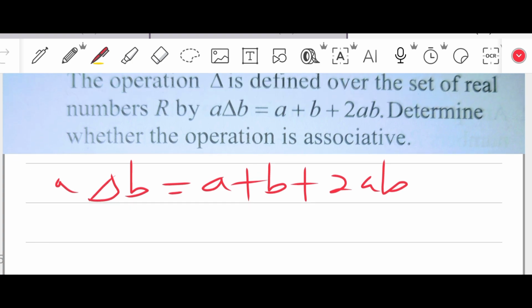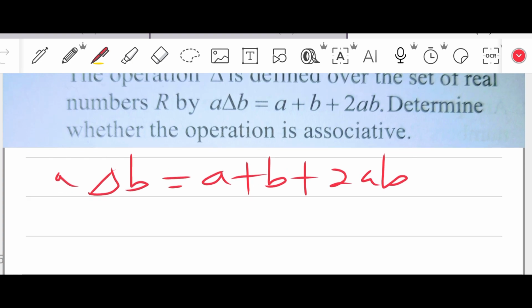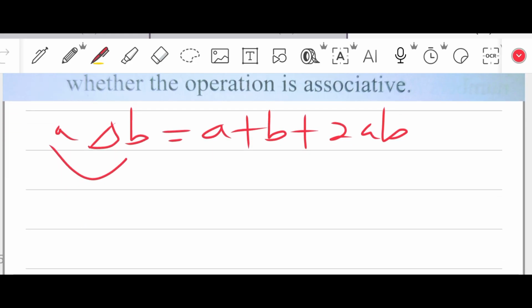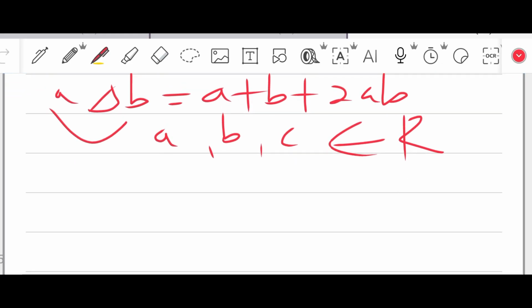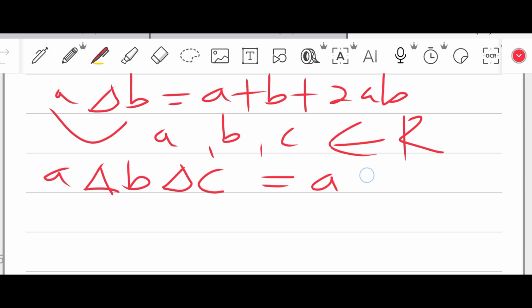Now remember that for associativity, we need to introduce another element. We need three elements, A, B, C, which are all members of the real numbers. By so doing, we can say that for this operation to be associative, then (A operation B) operation C should be equal to A operation (B operation C).